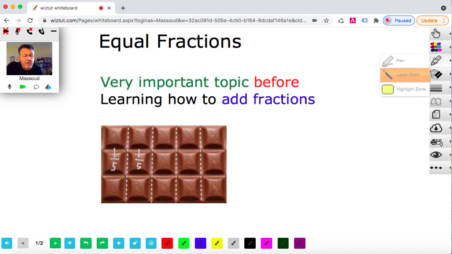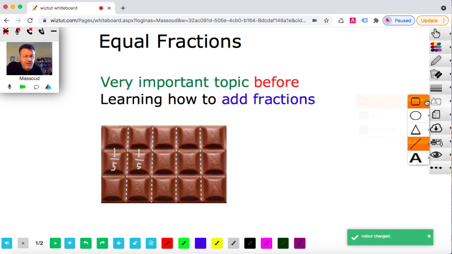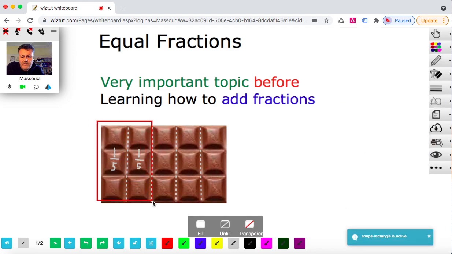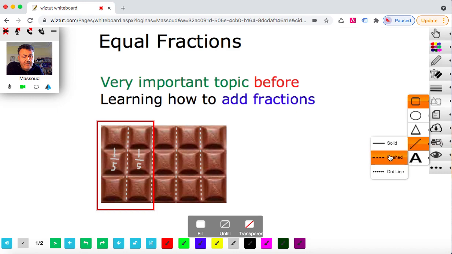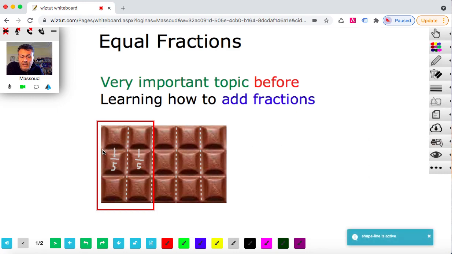So if I put a line around it, let's separate this bit here from the rest. So that's selecting 2/5 out of the whole thing. Now, if we then carry on and partition these, let me select the same color.